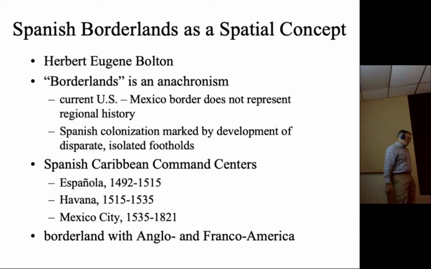Now, to understand the Spanish colonization of the Southwest, we really ought to recognize the early movement of the Spanish into the Caribbean. And for that matter, the early part of North America's historical geography is very much connected to the Caribbean in many ways, and by many groups, not just the Spanish.